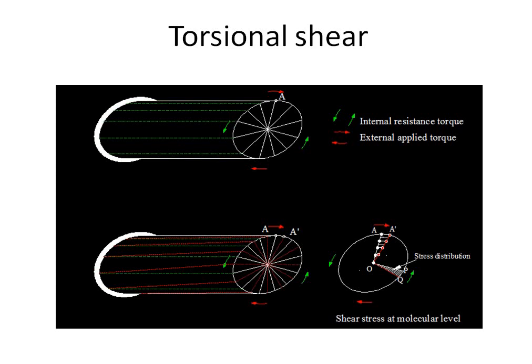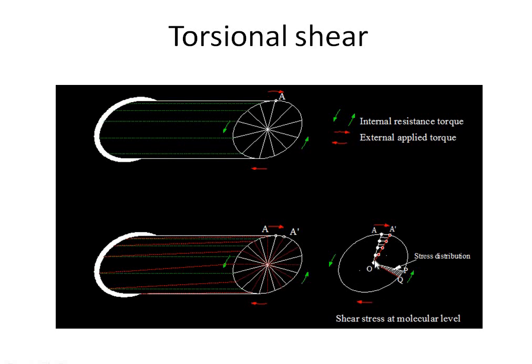So at the center there is no stress produced at all, or there is no resistance produced at all, whereas at the outer periphery, due to the larger displacement, it has to give a larger resistance. So look at the stress distribution. At the center, the stress is nil, and at the external periphery, the stress is more. So in torsional shear, the stress varies linearly from 0 to a maximum at the end.